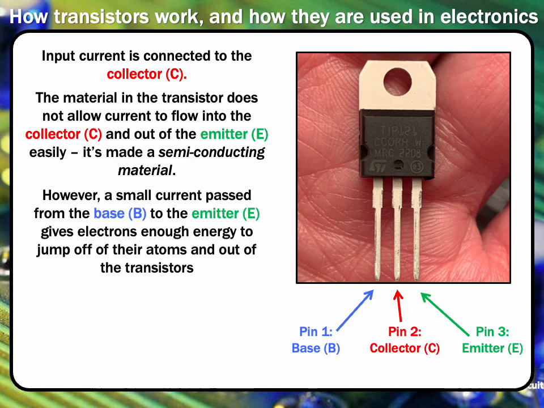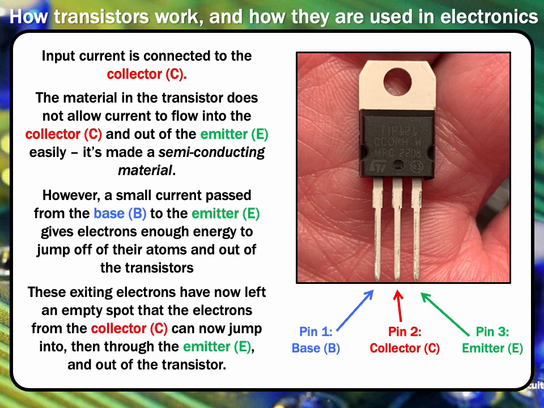Then current is passed from the base, and inside of that black plastic housing, the base is connected to the emitter, the output of the whole thing. If that little bit of current is passed into the base, it pushes some electrons out of that semiconducting material. It leaves behind a gap that can be filled by electrons coming from the collector, your main power source.